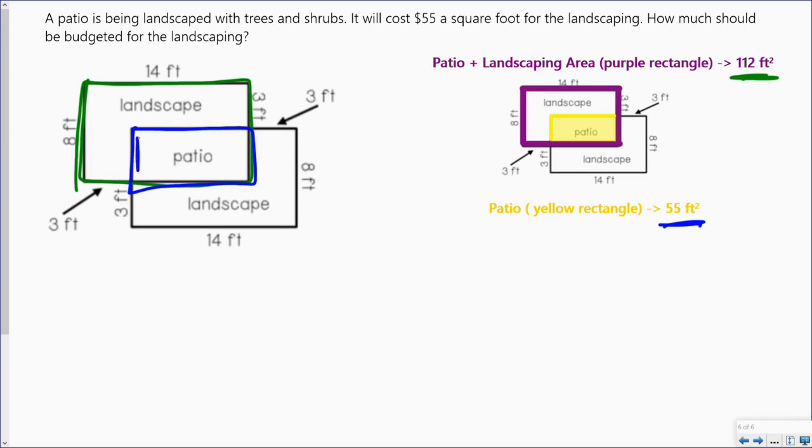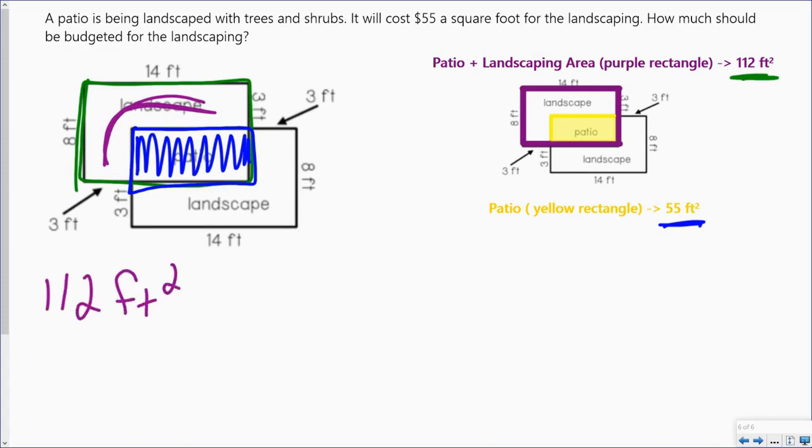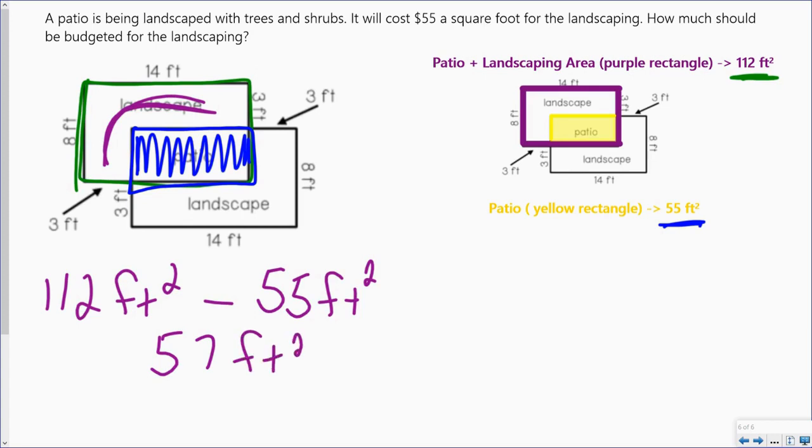I'm not going to pay for anything on this part, so I am only looking for the landscaping section, which is this part right here. That means I'm going to take my 112 feet squared and take away my 55 feet squared, and that leaves me a total of 57 feet squared for this landscaping part.